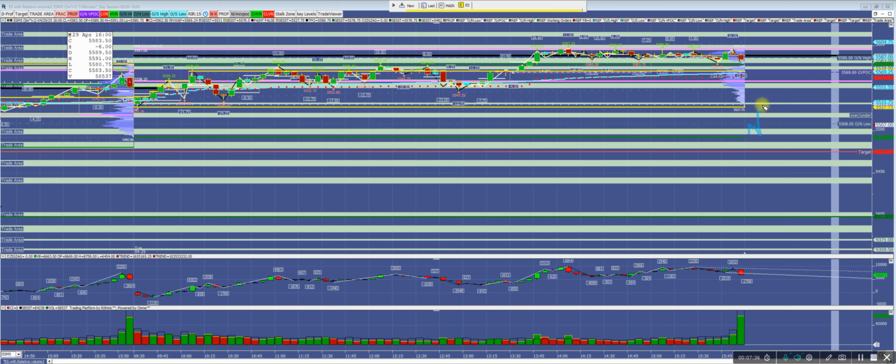Okay, and move up. A check to the prior range high, or range low, I should say. A dip into it, maybe test the value area low, but fail to hold inside, and then a move down.